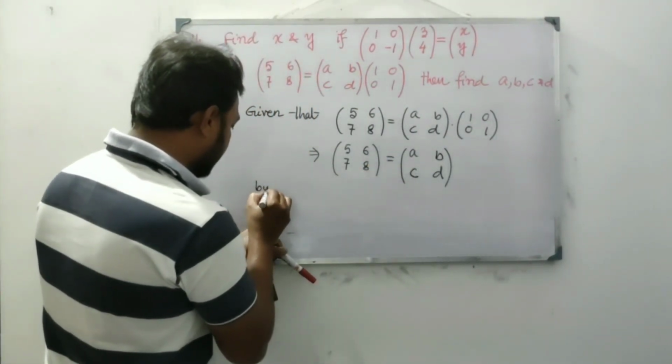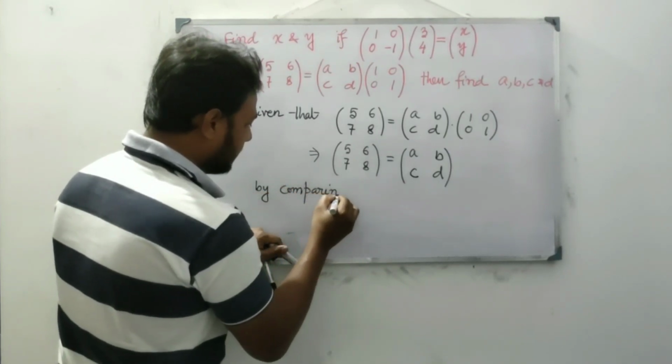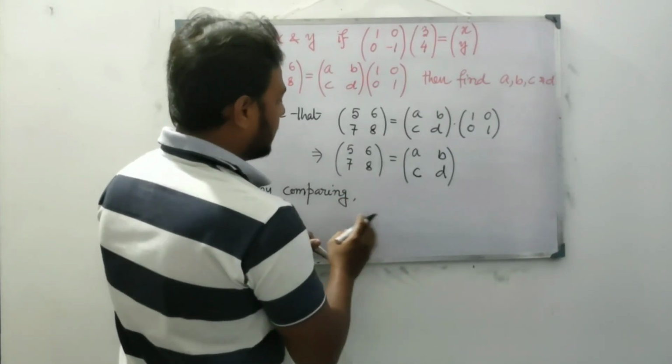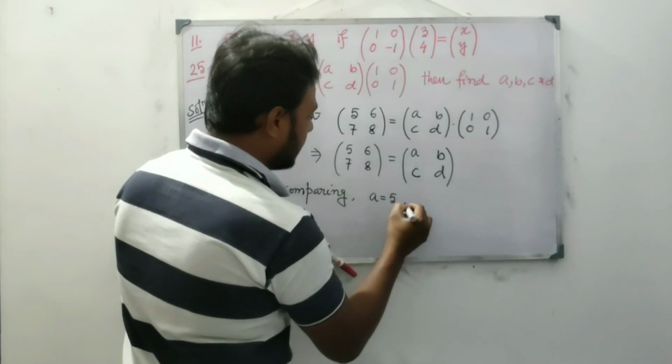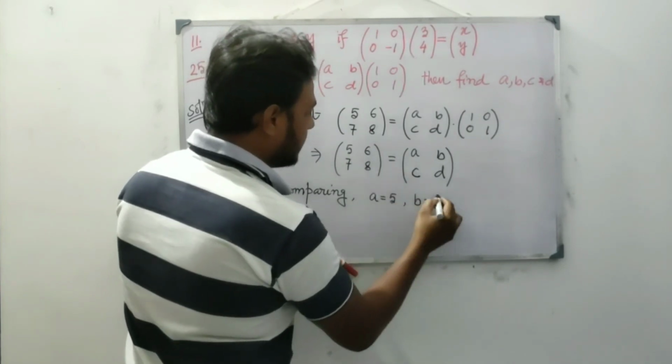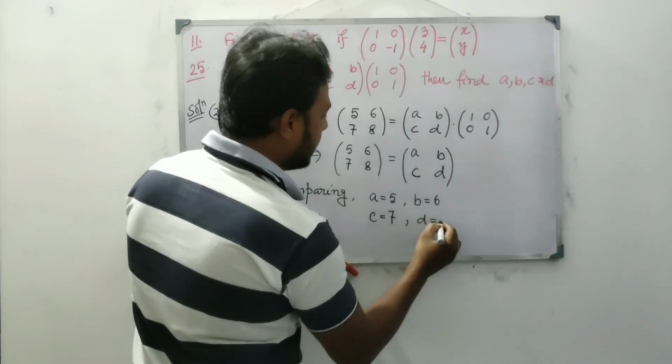So by comparing, A equals 5, B will be 6, C will be 7 and D equals 8.